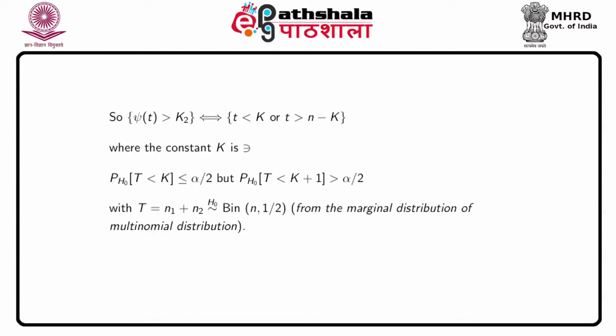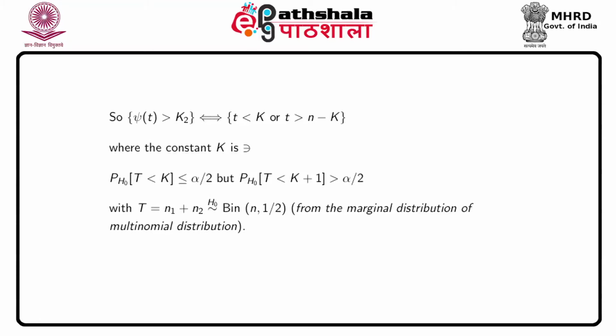So the critical region psi t greater than k2 is equivalent to saying the set of those t such that either t is less than some k or t is greater than n minus k, where the constant k is such that the probability that the random variable t is less than k under H naught is less than or equal to alpha by 2, and k is the highest integer for which this inequality holds.